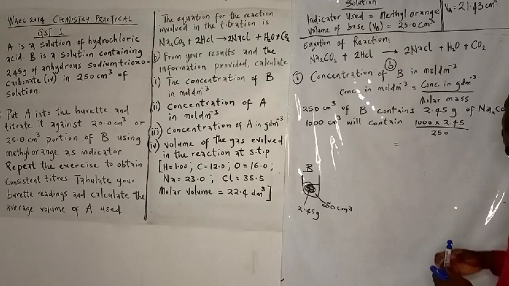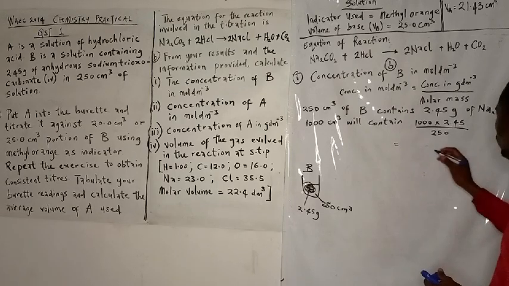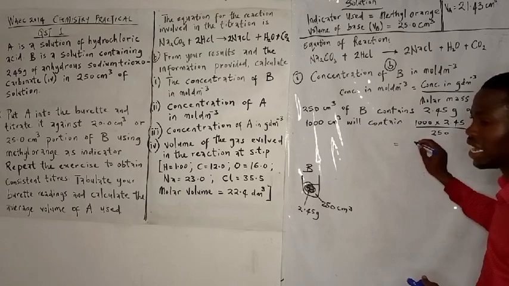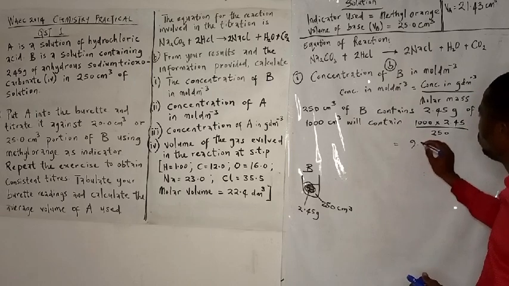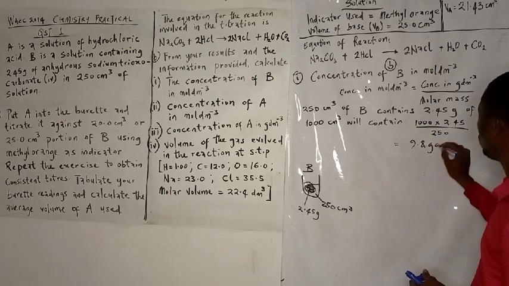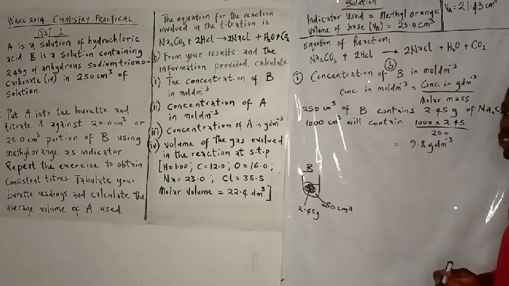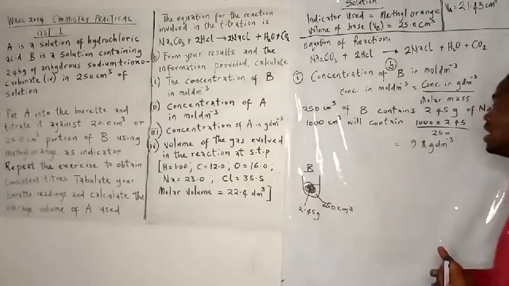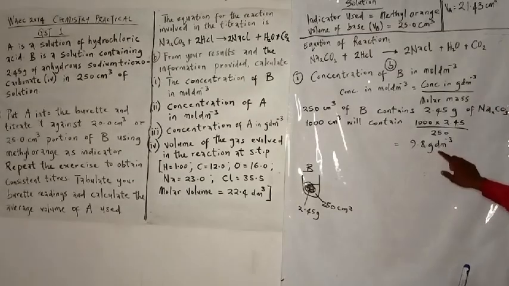So if we do this, we are going to have 9.8 grams per dm cube. So the concentration of B in grams per dm cube will be 9.8 grams per dm cube.